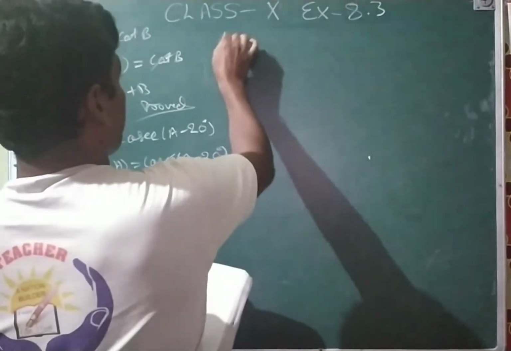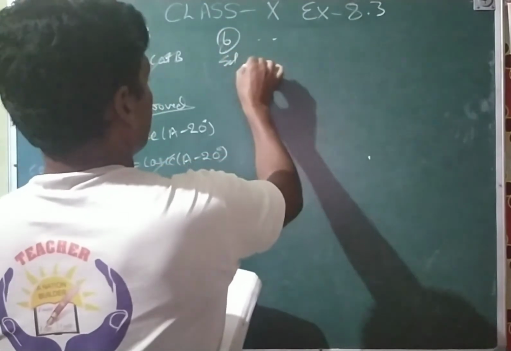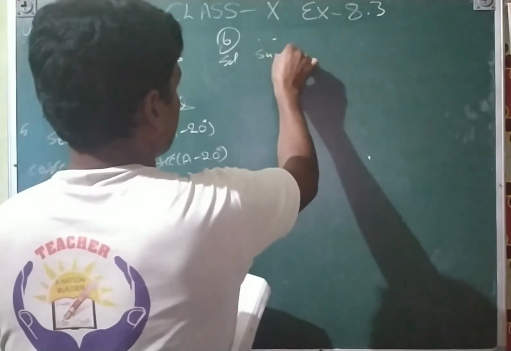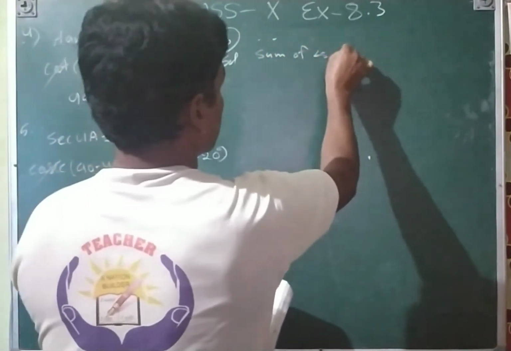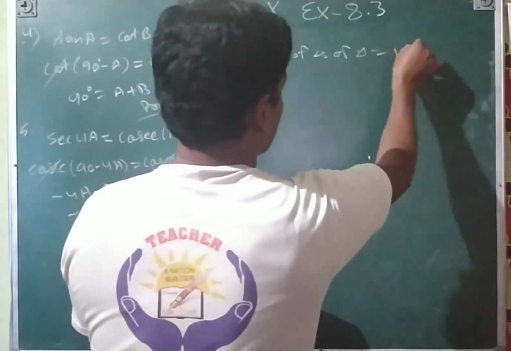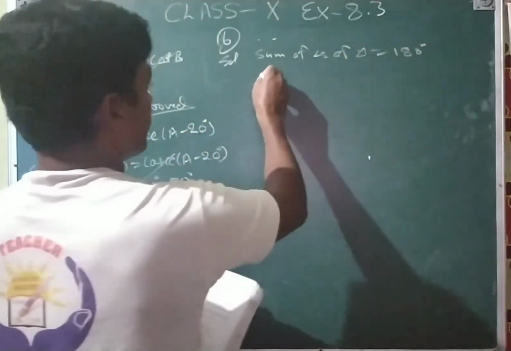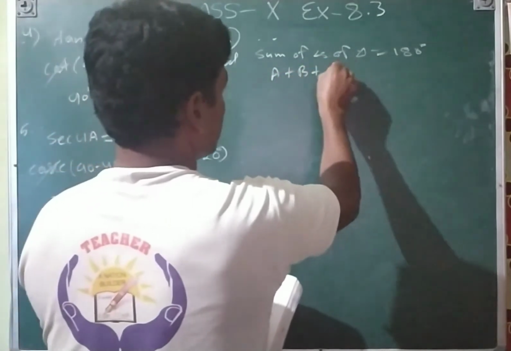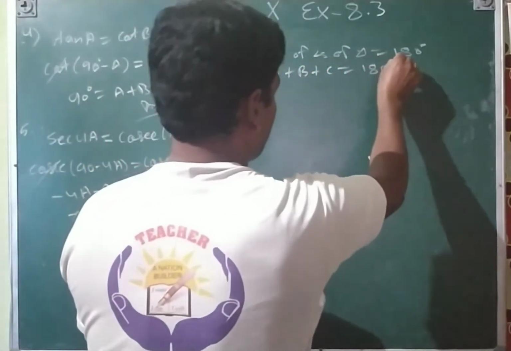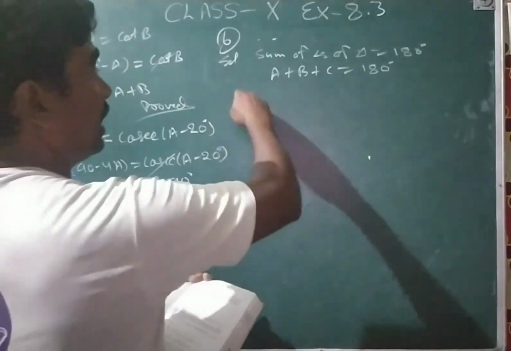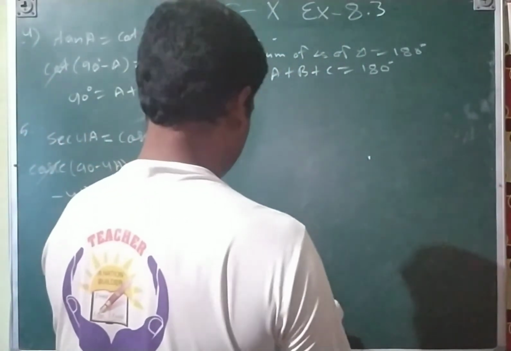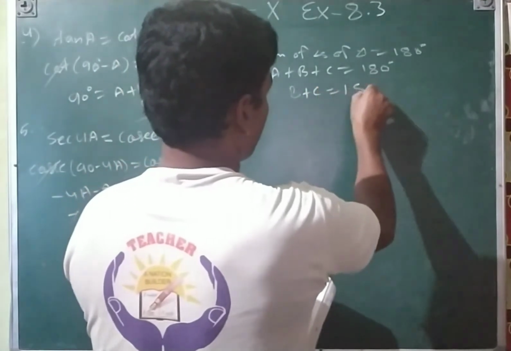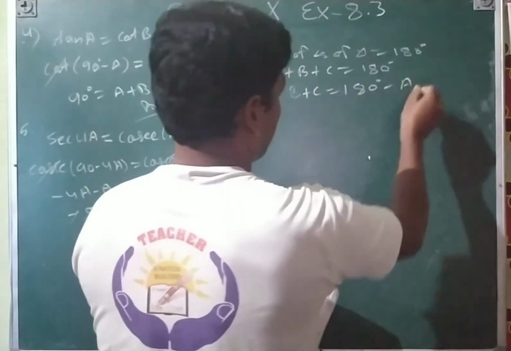First of all, we say the sum of angles of a triangle is equal to 180 degree. So A plus B plus C is equal to 180 degree. So B plus C is equal to 180 minus A.